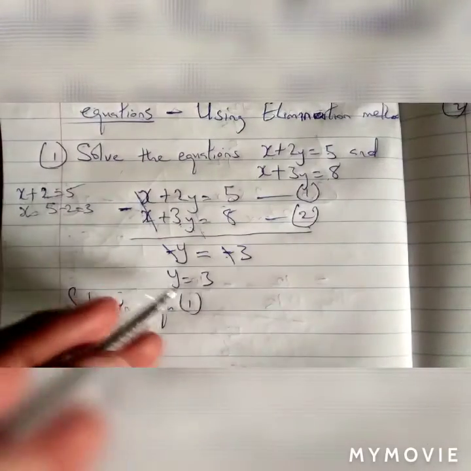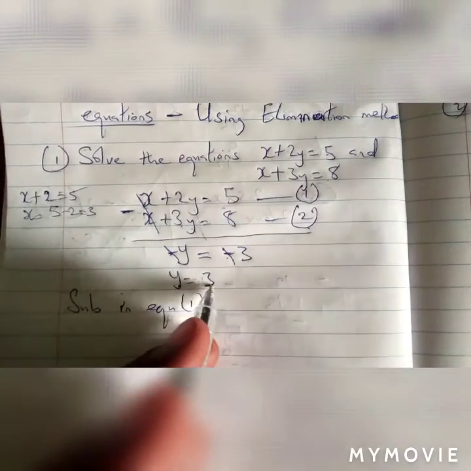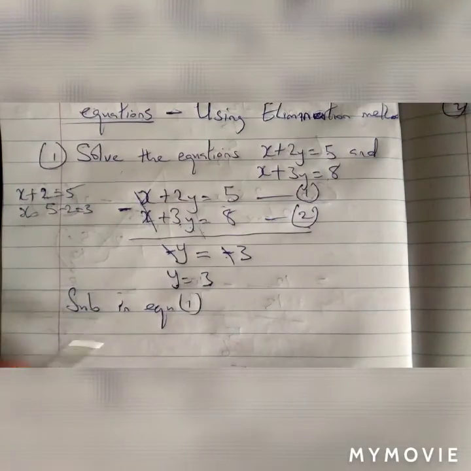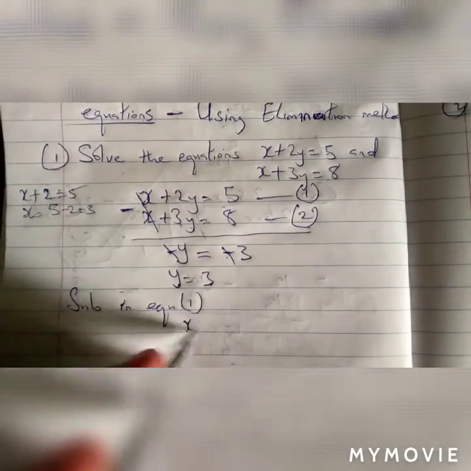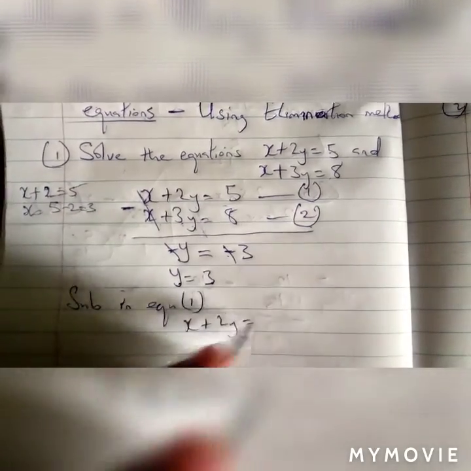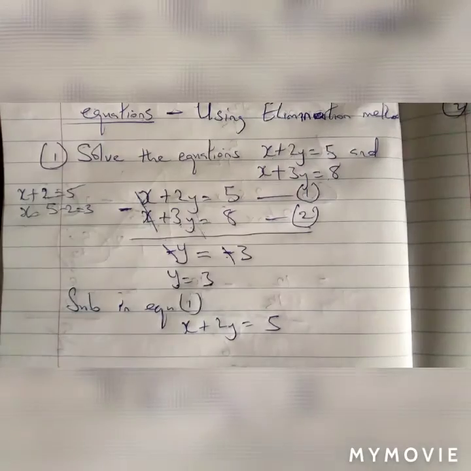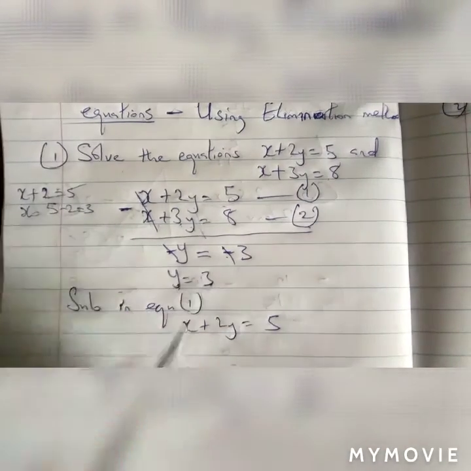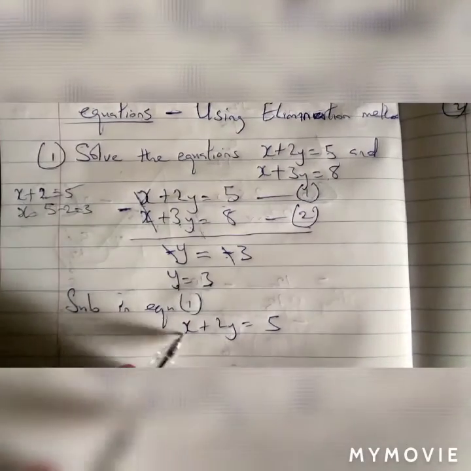We are going to substitute y as 3 in equation 1 to get x. Our equation 1 is x plus 2y equals 5, right? Since our y is 3, we can put it here to get our x.